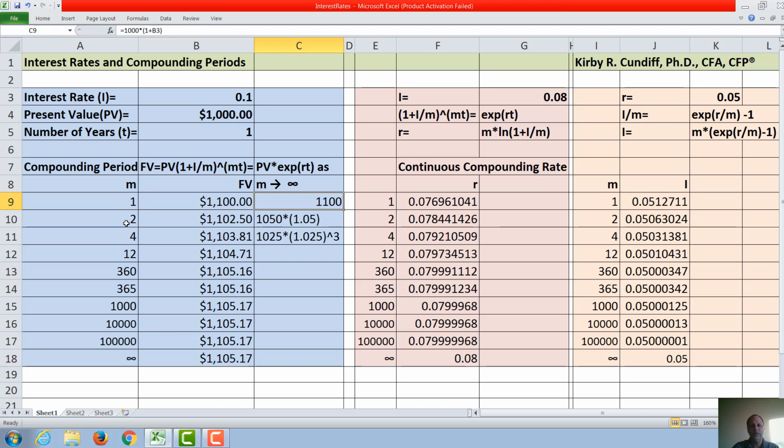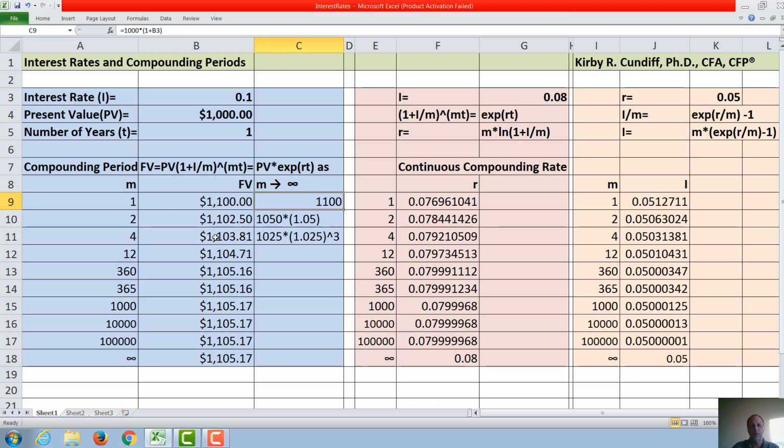And what we will see is the higher the number of compounding periods, the more interest you earn on the interest. So for 4 times a year, after the first fourth of the year, 3 months, you're going to have $1,025. And then during the second fourth of the year, you will earn 1.025% times that. And then the same thing in the third quarter and the fourth quarter, giving you at the end of the year, if compounding takes place 4 times a year, $1,103.81.